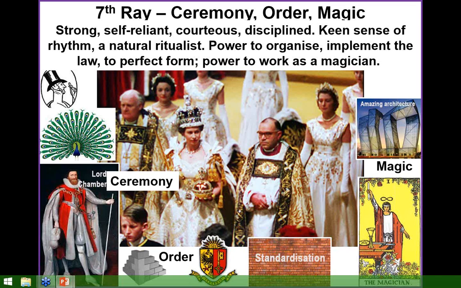Very interestingly, if my memory serves me right, her coronation was at the time when Venus transited across the sun. And that's supposed to be a very auspicious time, spiritually auspicious time, and her coronation happened at that time. And I think we had her celebrations this last time it happened. Was it last year?